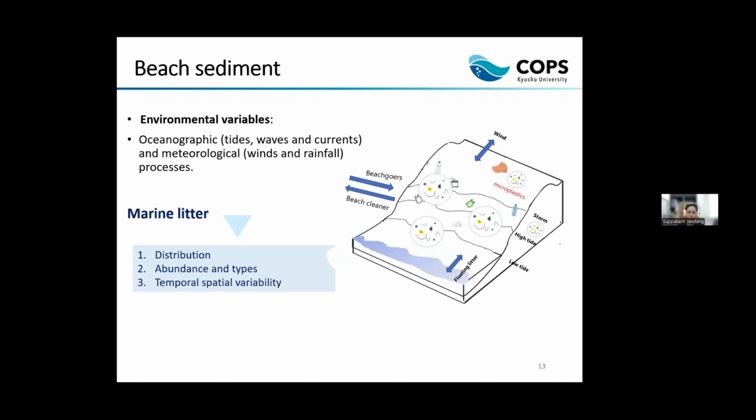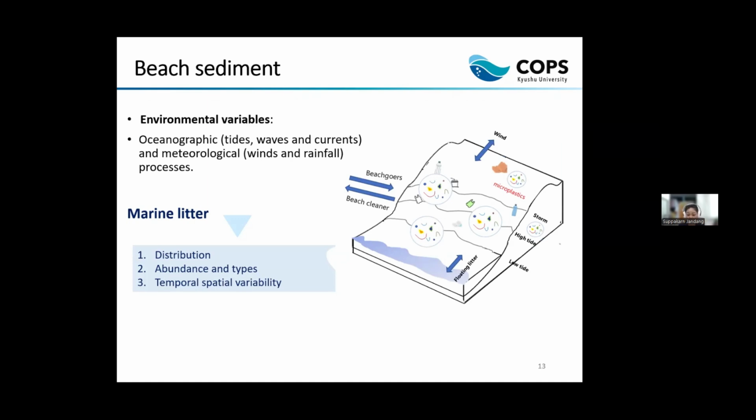Next, okay, I will finish the microplastic from the surface, and then I will move to the beach sediment. The beach sediment is actually a very good location to study microplastic because, once you're walking on the beach, you can see how the physical factors or the biological factors can affect the accumulation of microplastic in the beach sediments.